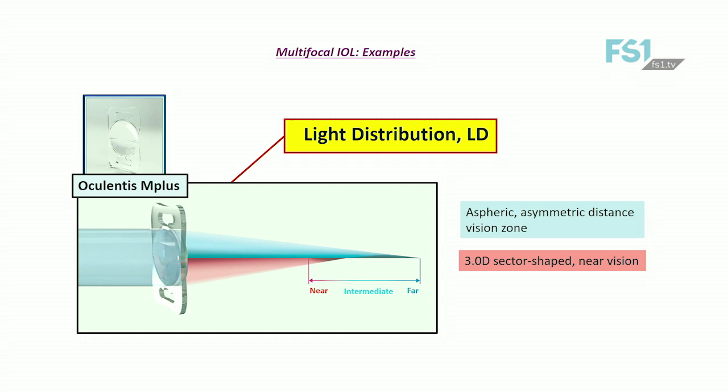And this design actually gives us the feeling, not only the feeling, but also the idea that it might be pupil dependent. However, there are already a few publications which prove that this lens is actually pupil independent. And this lens is aspheric, asymmetric, with a distance vision zone and a near vision zone.